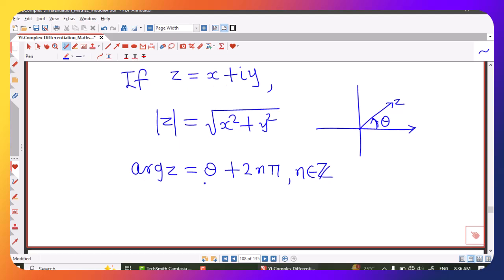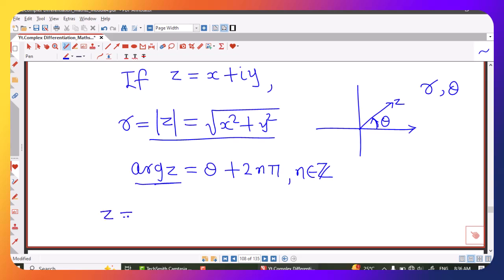So we should be familiar with these two terminologies or definitions, and we have discussed polar form also. If we have z equal to x plus iy, then we can write it in polar form using polar coordinates r and theta. R is nothing but absolute value of z, and theta is nothing but argument of z.